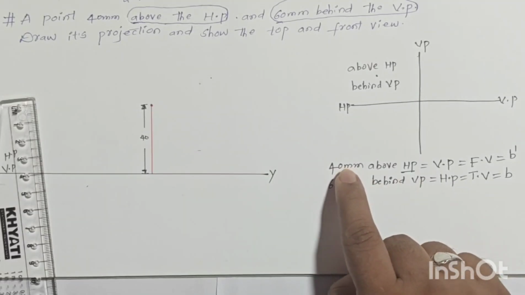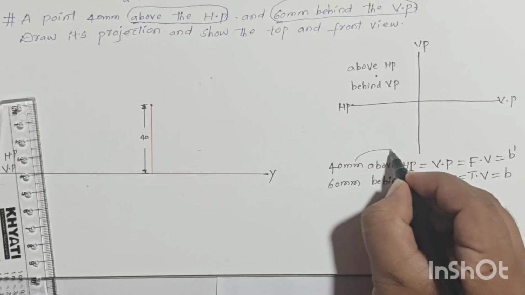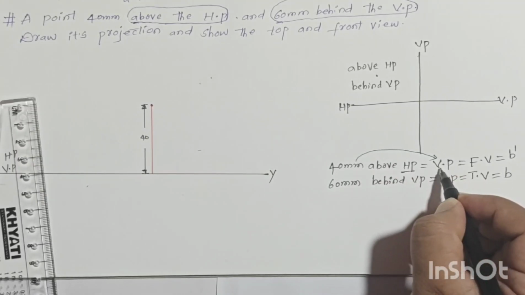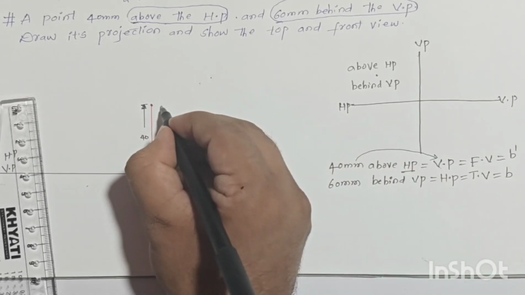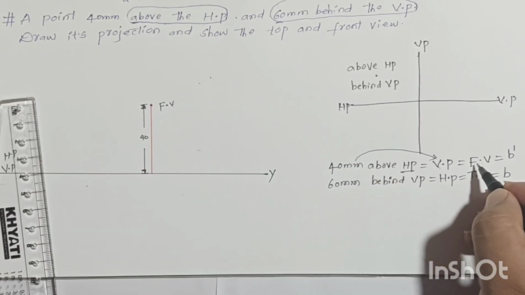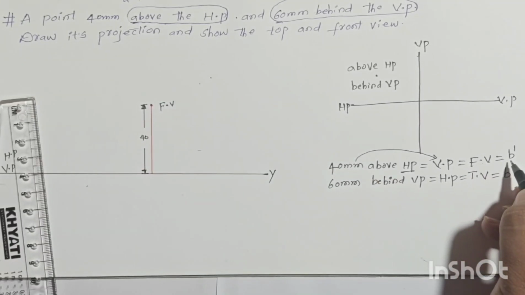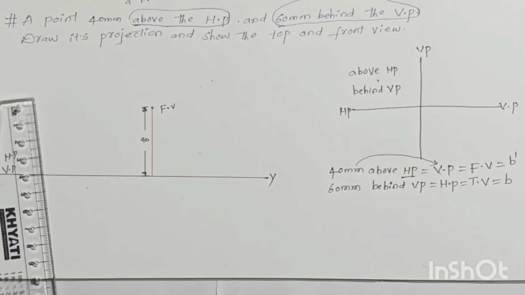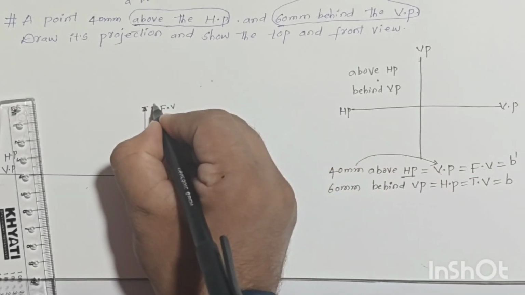Okay, let us see. 40 mm we have drawn on the vertical plane. This vertical plane is the front view. It is represented as the point B dash.